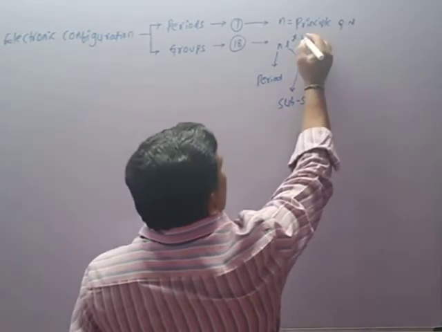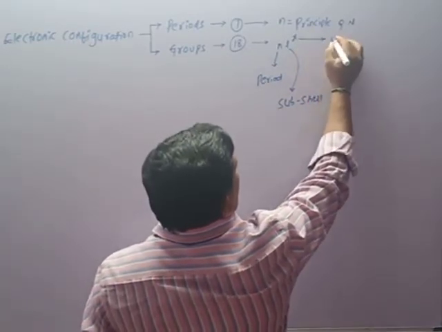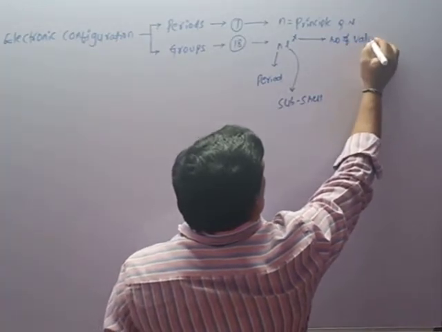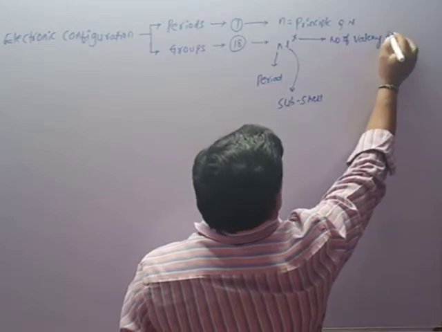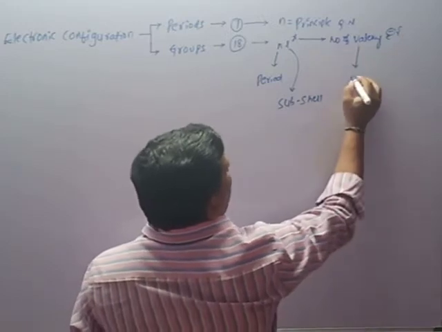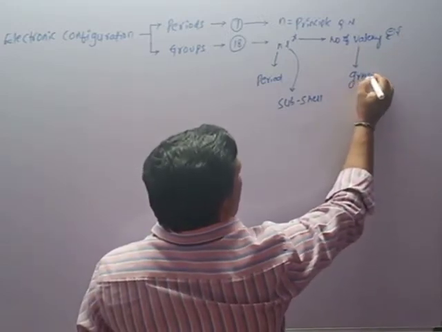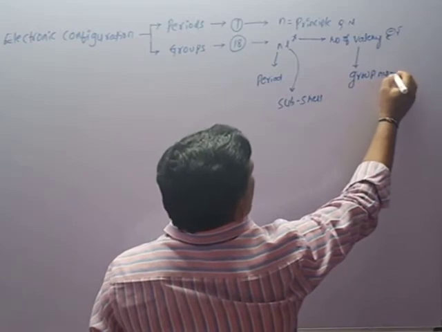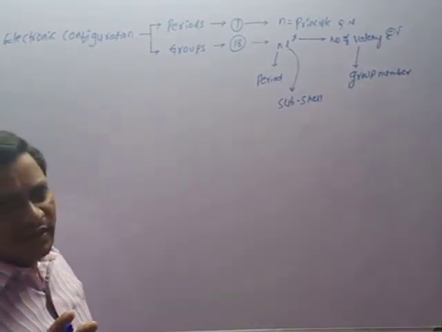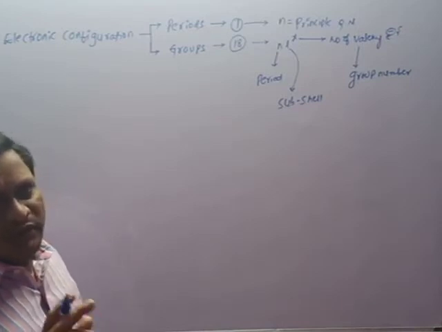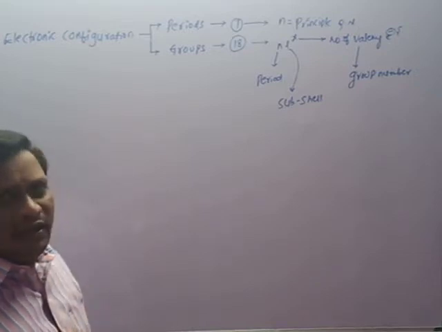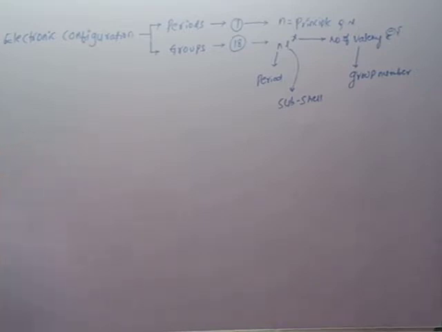Then x represents the number of valency electrons, and this number of valence electrons indicates the group number. If the element has one valence electron, it belongs to the first group. If the element has 2 electrons in its valency shell, it belongs to the second group.